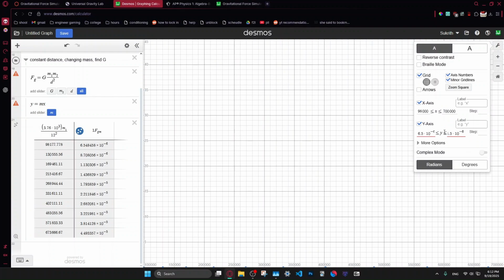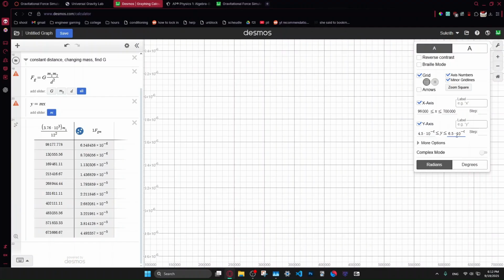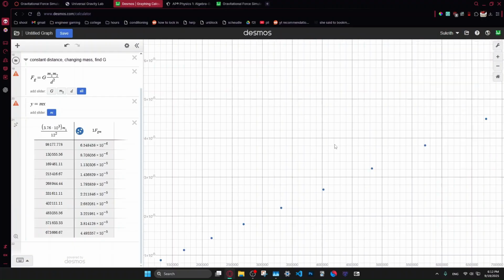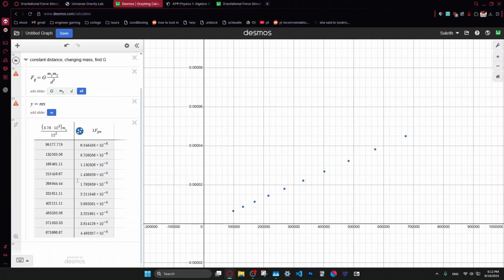Oh, sorry, other way around. Oh, it was the right way around. 6.5 times 10 to the negative 6 to 4.5 times 10 to the negative 5. Do that, zoom out, boom, we have a line.